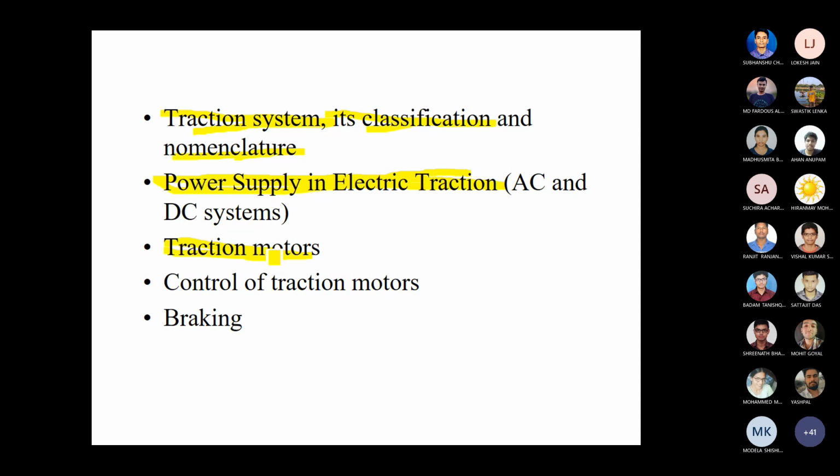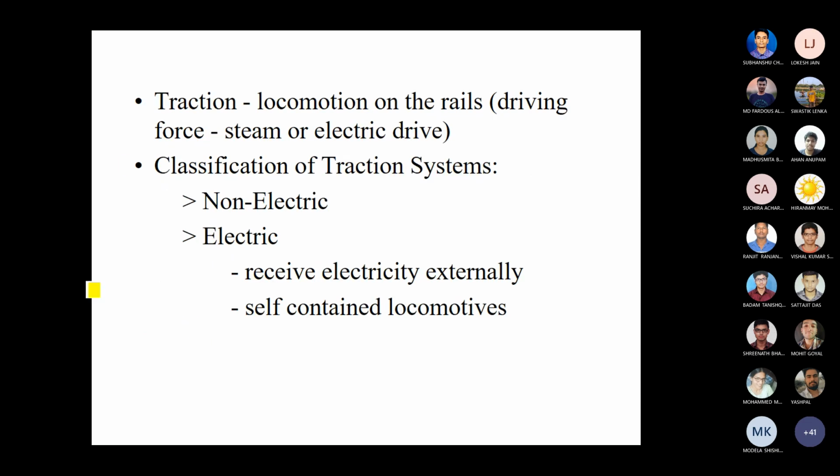Then control of the traction motor: which controls are you using? Then the most important thing, braking. Which type of braking are you using for your traction motor? Then traction means what you use to drive the locomotive on the rails, the driving force, steam or electric drive. Maybe you know that for steam, water has to be boiled to get the steam.